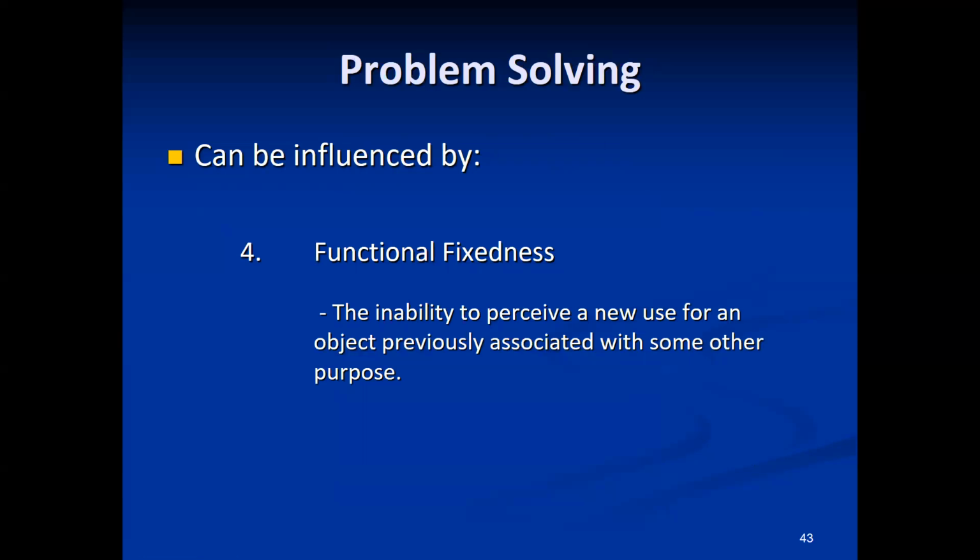This exercise illustrates that functional fixedness can also influence our ability to solve problems. Functional fixedness is the inability to perceive a new use for an object previously associated with some other purpose.